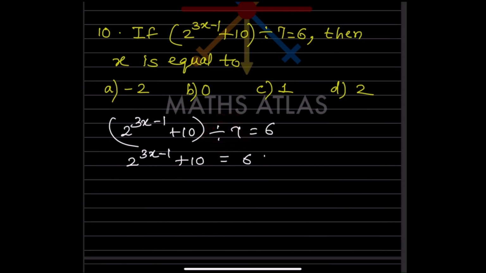So you are going to multiply this into this one. So now what will you write here? 2 raised to 3x minus 1 is, here is 42, 6 sevens are 42 for this one, and here plus sign will go on the other side, that is going to be minus. So now this is going to be 32.